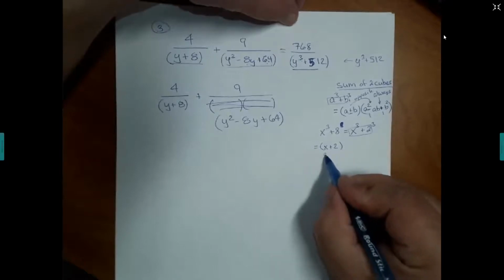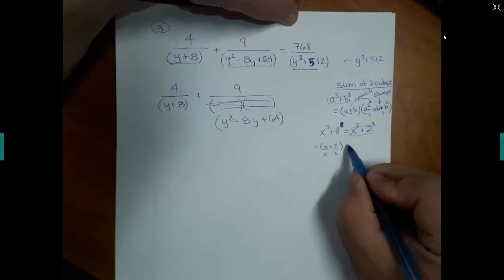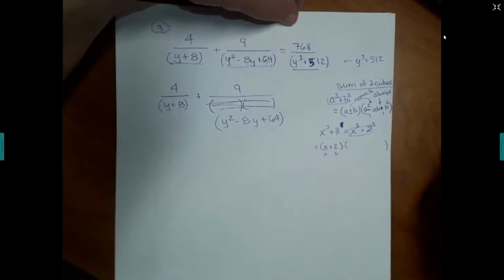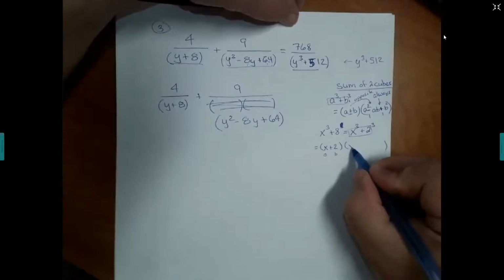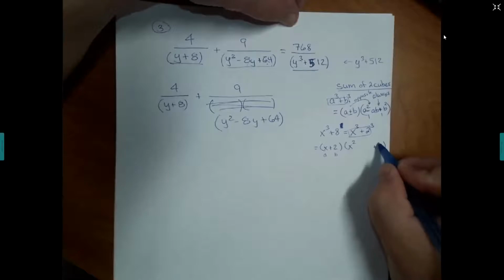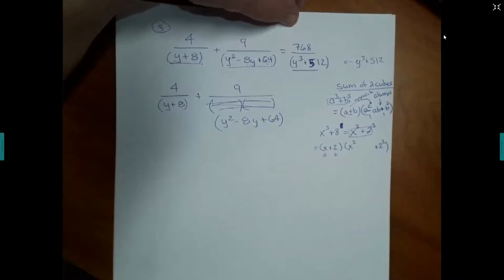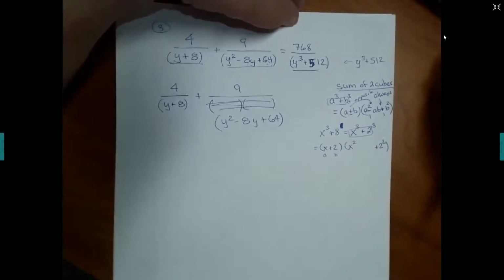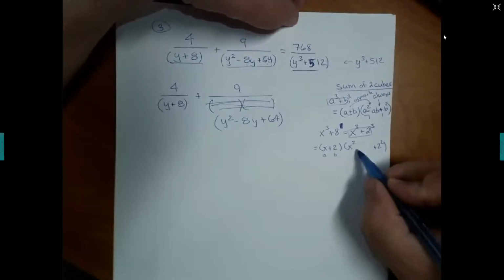Remember, this is your a value and this is your b. So in the second parenthesis, we have a squared, which is x squared, and plus b squared. What sign goes here?